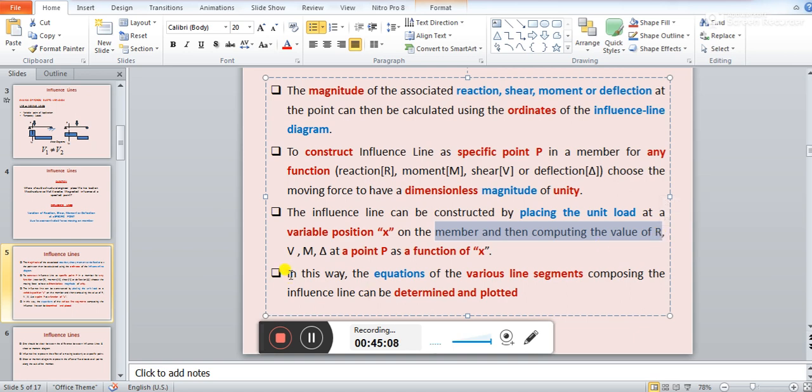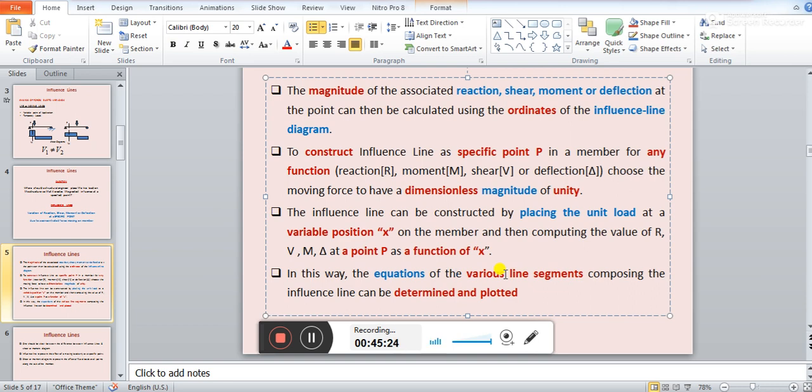In this way, what will you be getting? You will be getting the equations of various line segments. We will show it later when we take one or two examples.